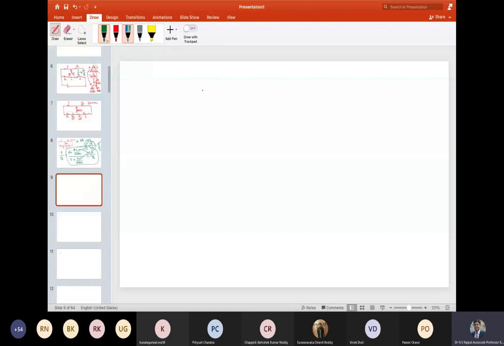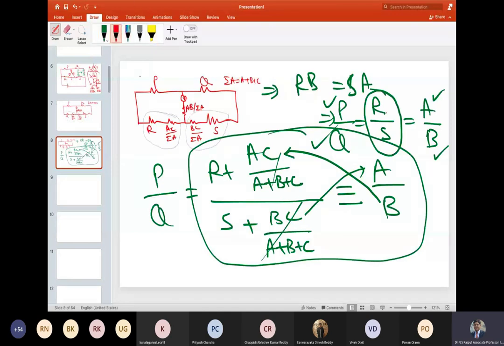How? Let us check. As such, I have told you that with this relation you can calculate the unknown value. If R was unknown, you can calculate. S is a low value. However, in this double bridge arrangement, the effects of contact resistances have gone off. So we will now check how in Kelvin's double bridge this relation has gone.